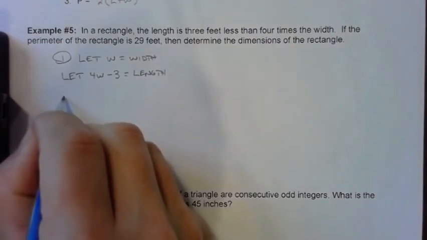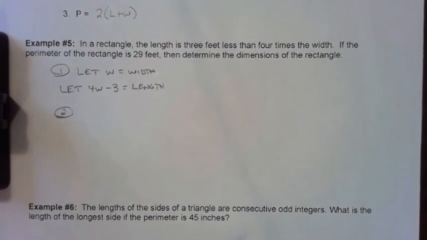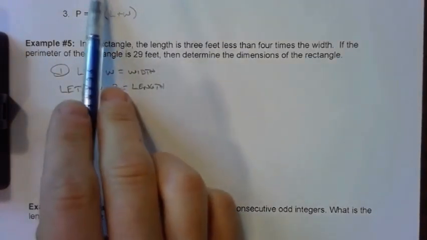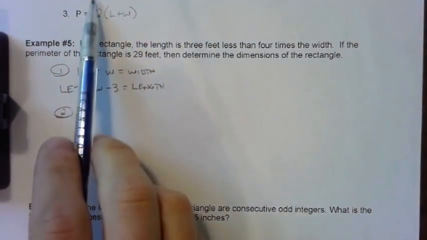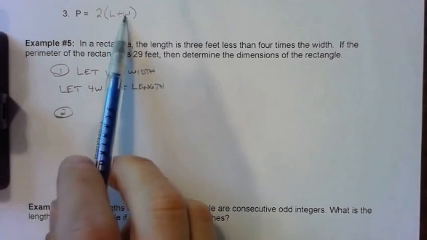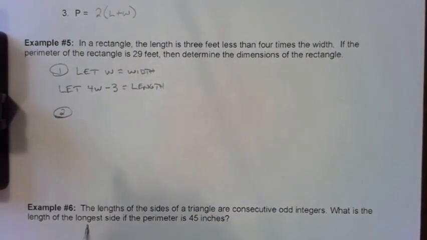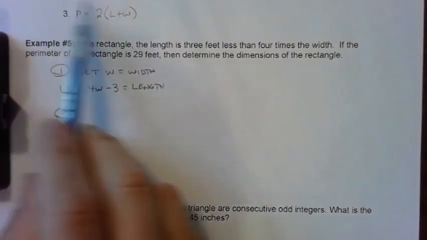Now let's see if we can set this problem up algebraically so that we can figure out the dimensions of the rectangle. Again, I've got 3 different formulas that I would be able to use to find the perimeter. I could add the length, the width, the length and the width, or I could do 2 times the length plus 2 times the width, or I can add the length and the width and then double that sum. Let's go ahead and use the second formula.